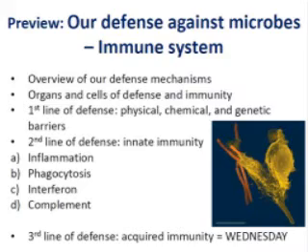You have phagocytosis, so you have cells that are able to ingest, for example, viruses or bacteria. And then complement and interferon are parts of your blood system that can also help fight off pathogens.